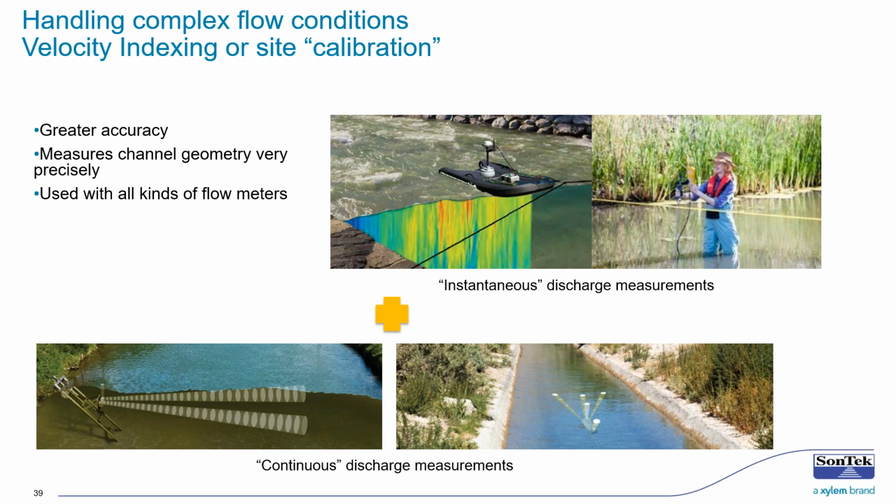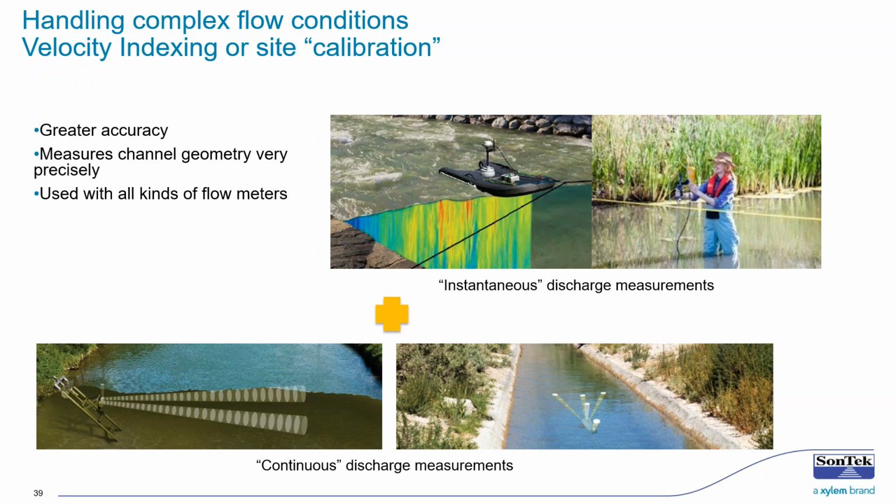And if you really want to make it accurate, you'd move beyond just simply checking the measurement every now and then to actually building a curve of your fixed mounted instrument with the check measurements. You'd build a curve and get an equation, get some coefficients, plug that back into the fixed mounted instrument, and make it even more accurate.